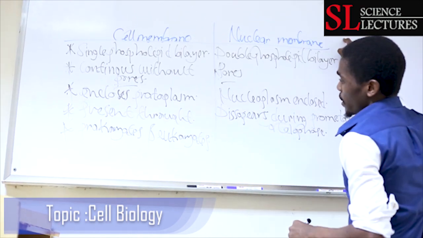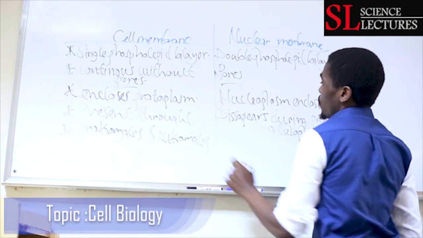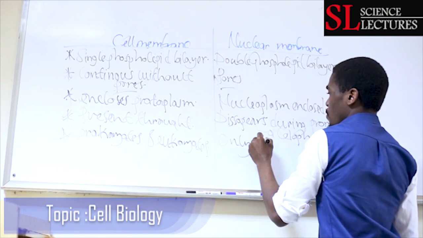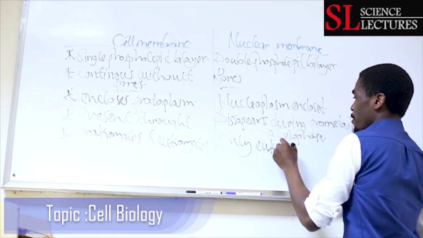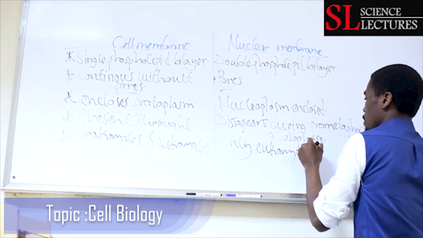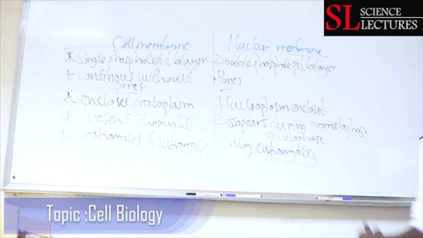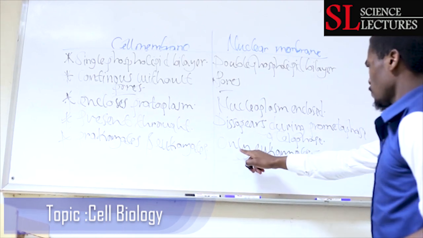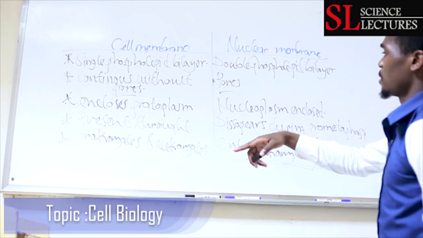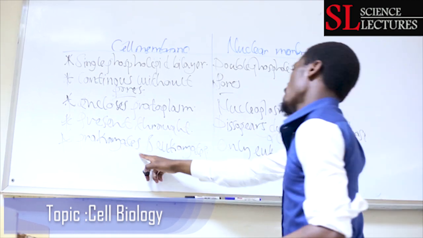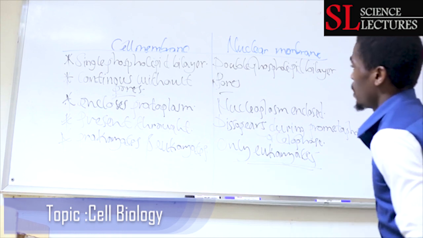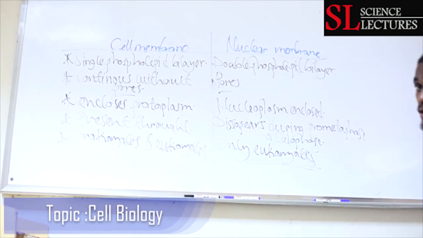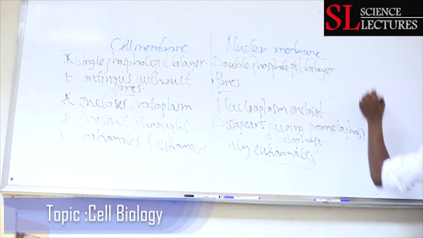But the nuclear membrane is only present in eukaryotes, and this is what distinguishes eukaryotic cells from prokaryotic cells. So only eukaryotes possess the nuclear membrane, but the cell membrane is possessed by both prokaryotes and eukaryotes. Those are some of the differences between the cell membrane and the nuclear membrane.